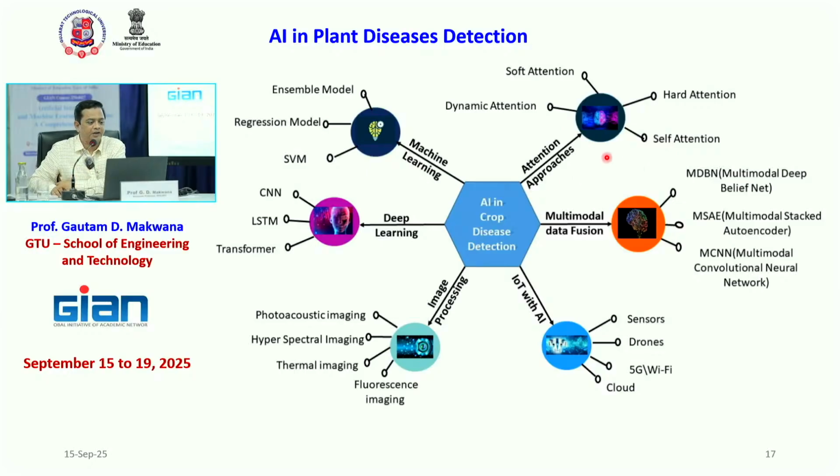Then there are attention approaches. These are various methods to identify or classify plant disease using AI.